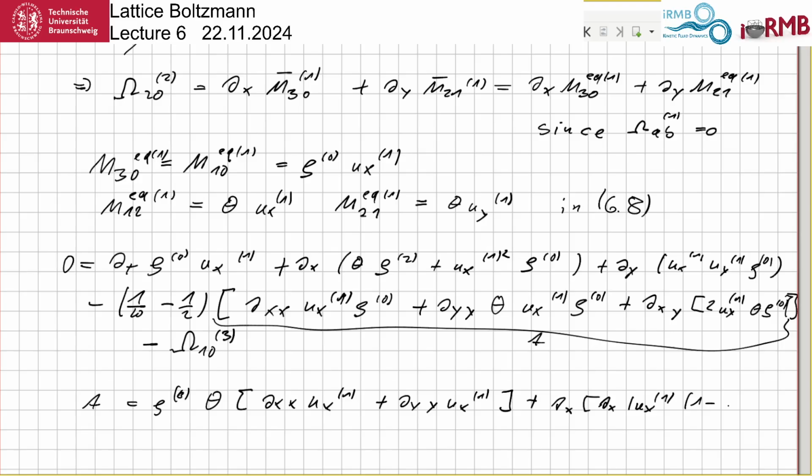Now we can take here 1 minus theta, theta rho 0, plus dy 2 uy first order theta rho 0 order.